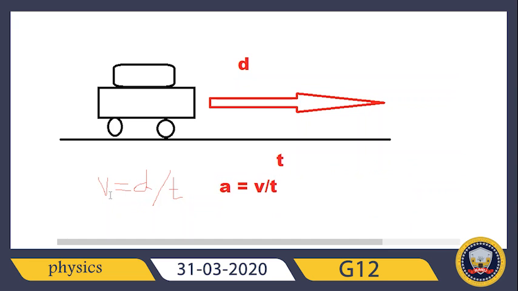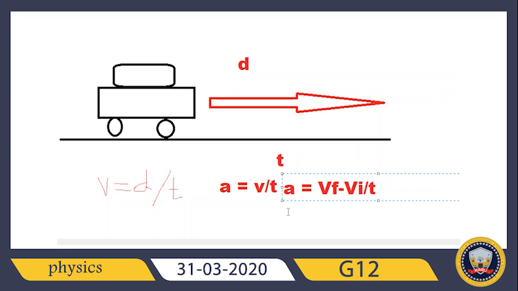Sometimes we write a equal to Vf, the final velocity, minus the initial velocity, divided by time. So delta D divided by time is velocity, and delta V divided by time is acceleration. Again, that was motion in one dimension only.